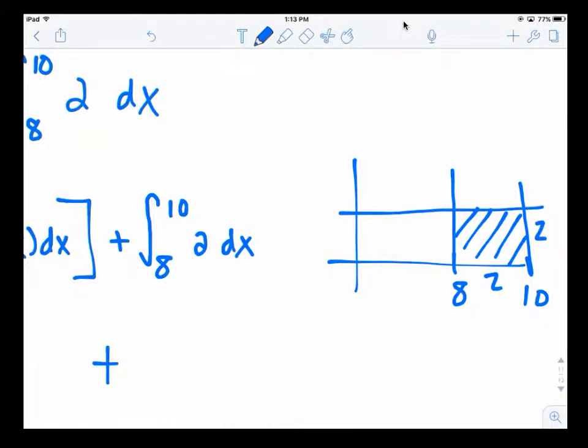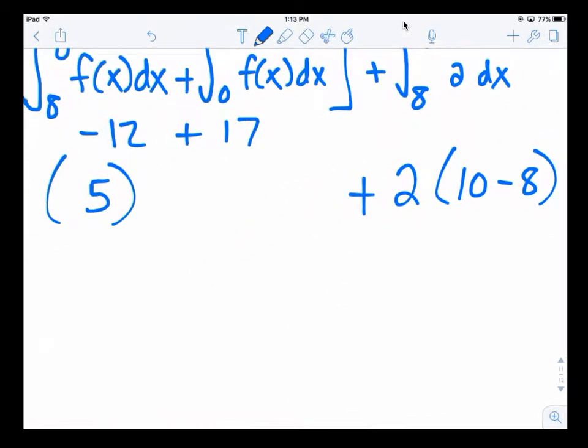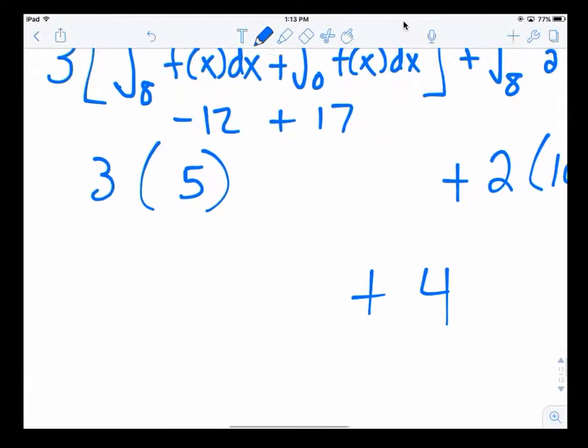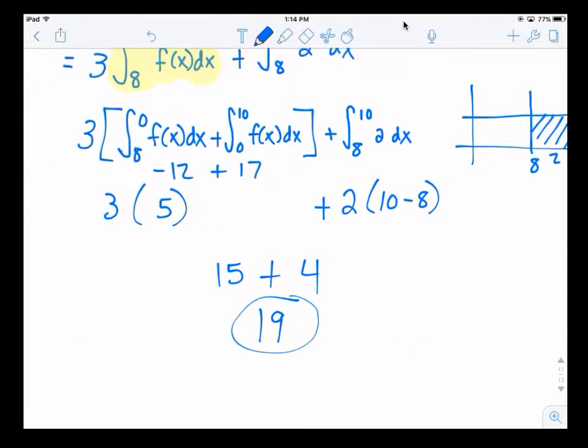Another way you can do it is just take 10 minus 8, you get 2, multiply it by the constant that you have, and that's 4. And we know that the original was 15, so my answer, 19. That's it. Yeah, if you have just a constant and they give you a definite integral, you can just do that.